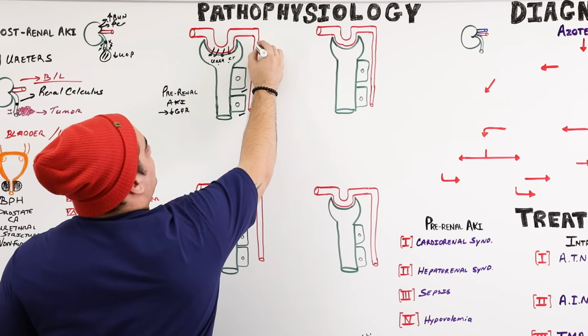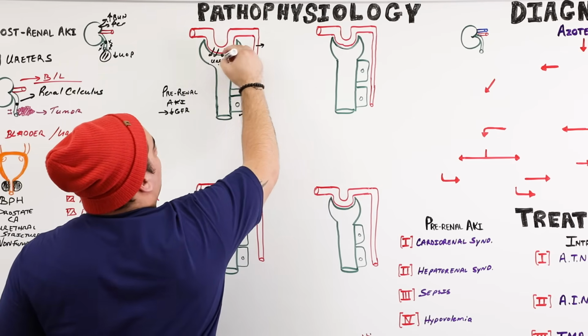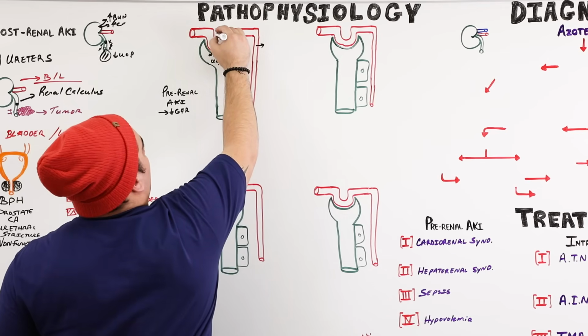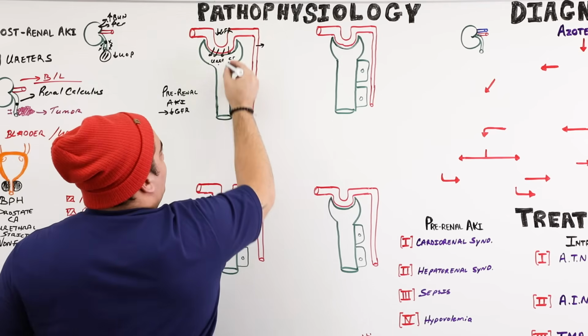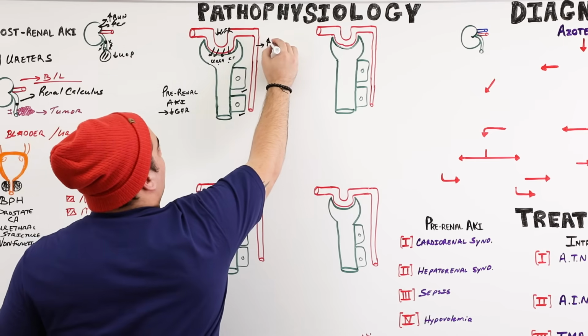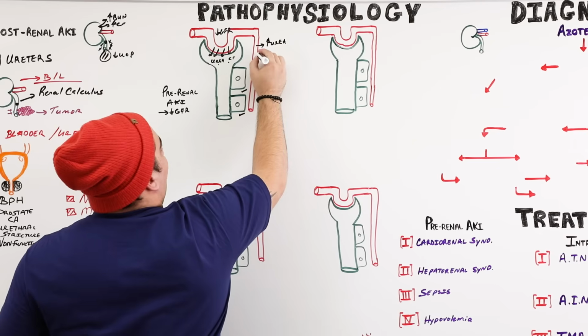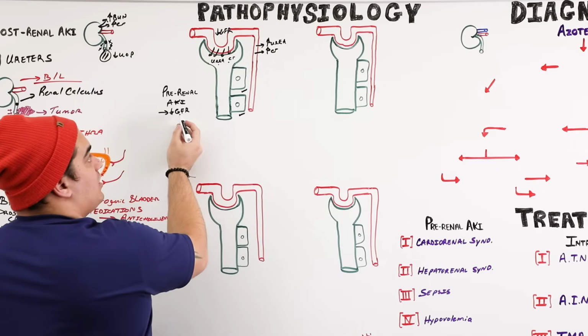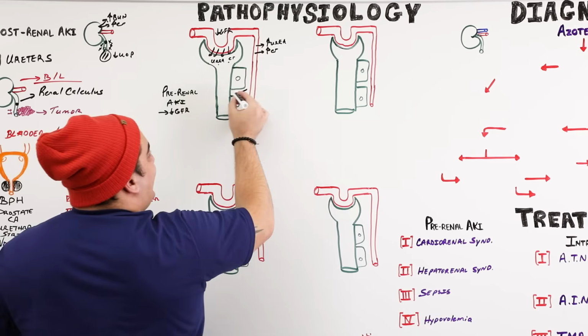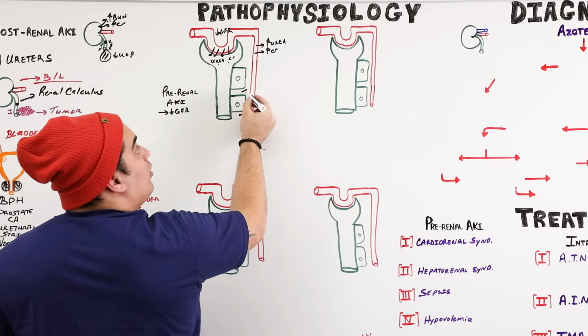So we can already say that whenever you have less filtration, there's a low GFR, there's less filtration of urea. So you already might have a little bit more urea in the blood, and a little bit more creatinine in the blood because of this low GFR. But the kidney tubular cells are intact. They're working.